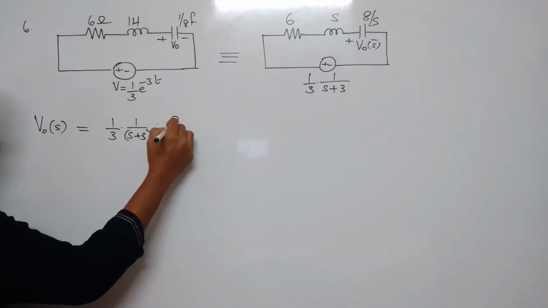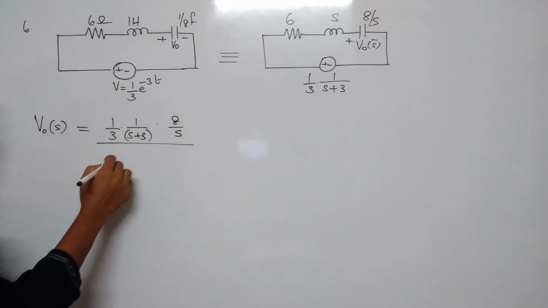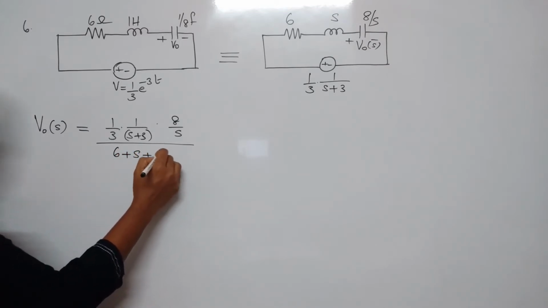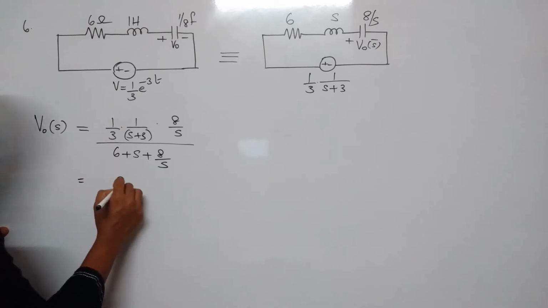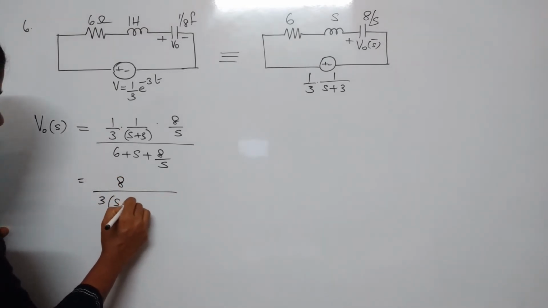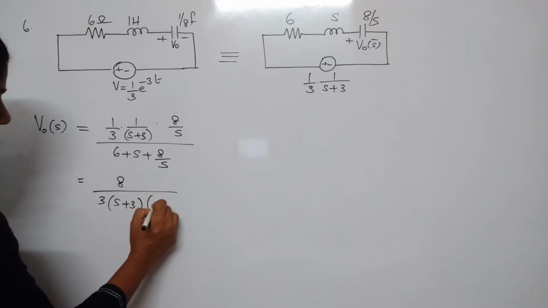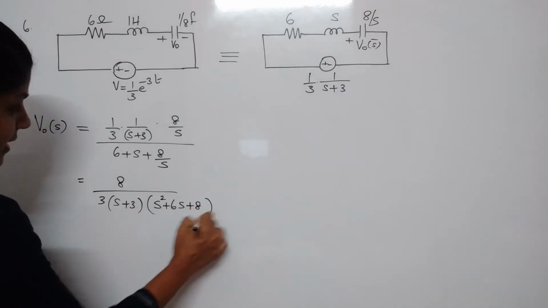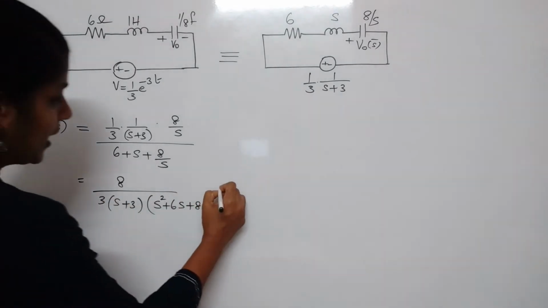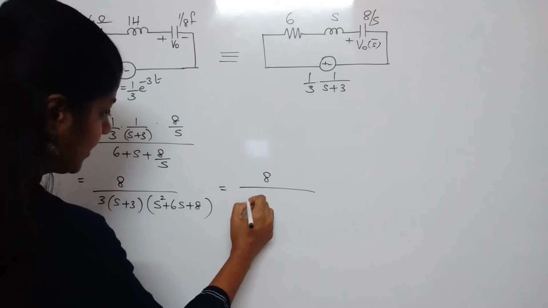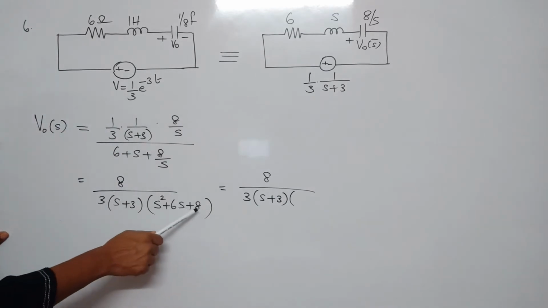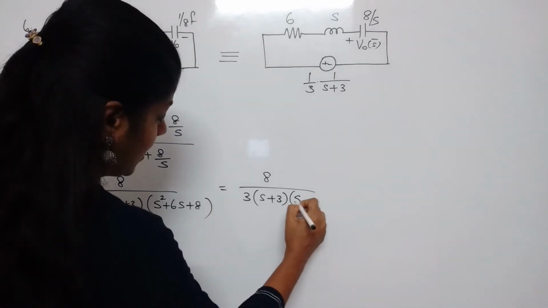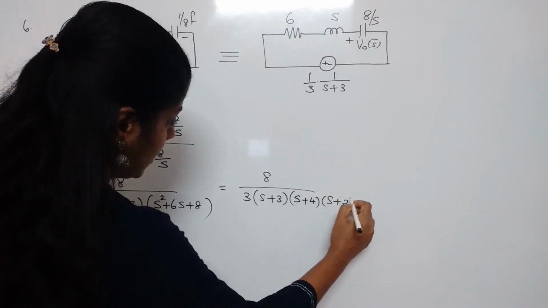Here it is 8 by S divided by the total 6 plus S plus 8 by S. So on simplification we will get 8 by 3 into S plus 3 into S square plus 6S plus 8, which can be written as 8 by 3 into S plus 3 into, product is 8, sum is 6, so S plus 4 into S plus 2.